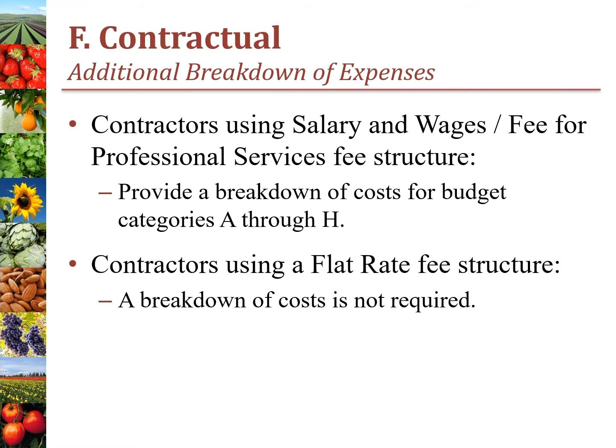Tables are provided for the first contractor and can be copied as needed for additional contractors. Please note that the breakdown of costs is not required for flat rate contractors because all associated costs, such as supplies and travel, are included in the flat rate.